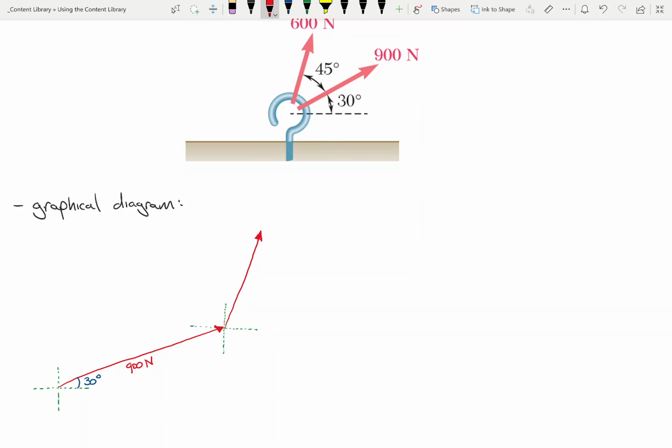Maybe I'll do that again. Maybe I'll make it a little better. That's probably good. Okay, so I got this right here, 600 newtons. So far, so good?